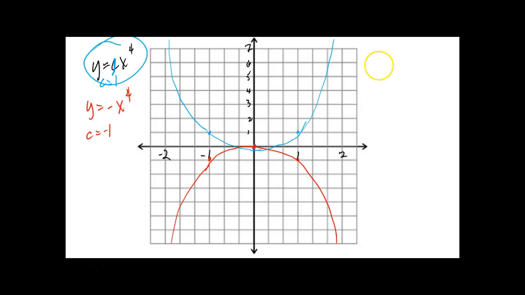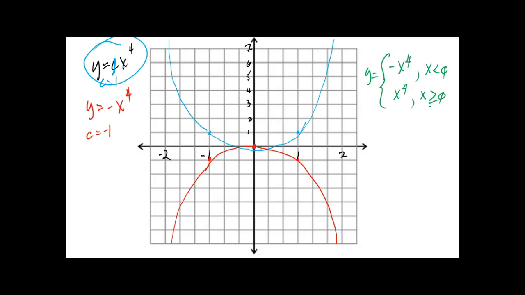Here is a piecewise defined function. y is equal to negative x to the 4th when x is less than 0, and x to the 4th when x is greater than 0. Now, technically, one of those should have an equal sign under it. I really don't care which one. I think I would put it under this one.